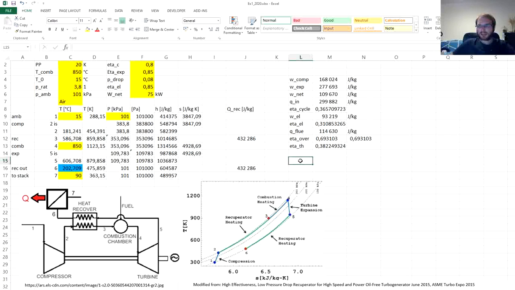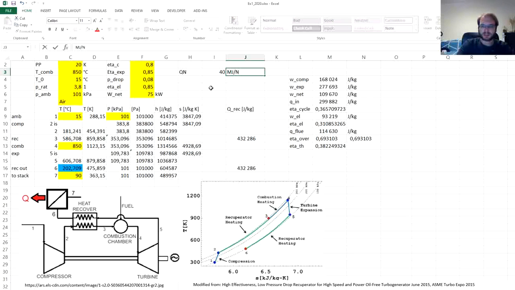And the last thing that we will do, we had the work output of 75 kilowatts, and also we will say that our fuel will have a heating value Qn of, let's say, natural gas, 40 megajoules per normal cubic meter.